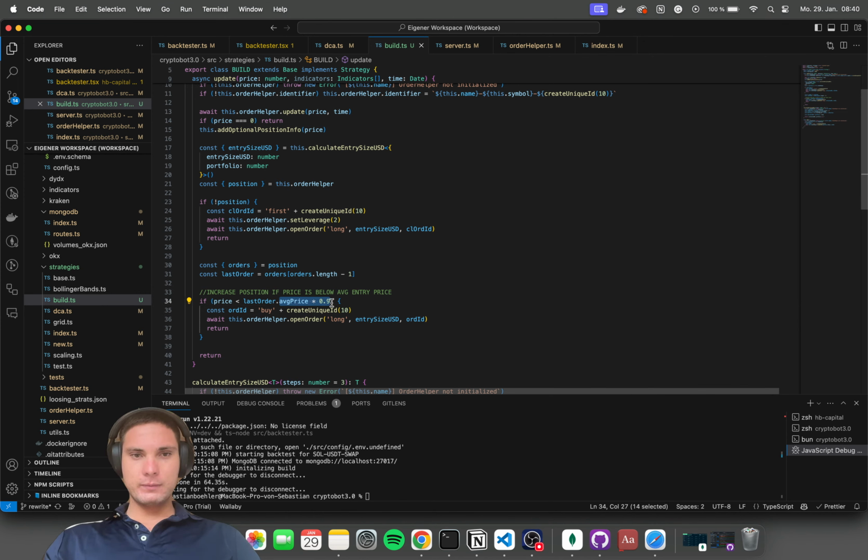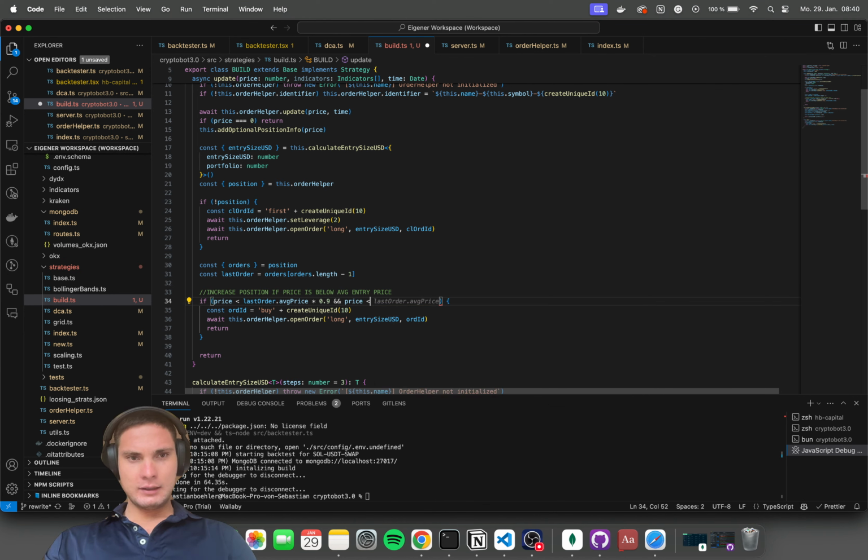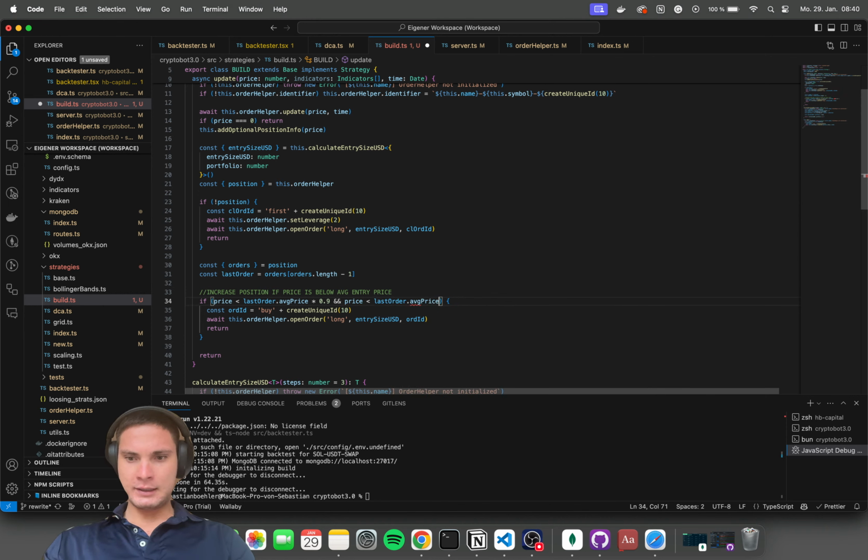So we could add another condition here and say price is smaller than last order dot average price, and then here let's only say 5%.